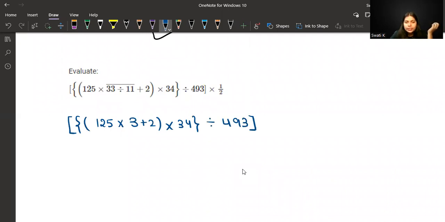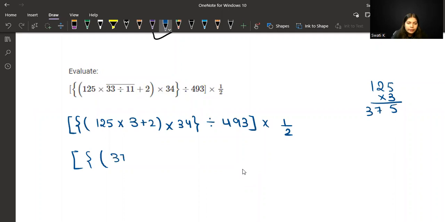Don't make any changes. Don't do any calculation here. Now, next step, we will be solving the smaller bracket, the parenthesis, which is 125 times 3. So if you simplify this, it will become 375. That is 375 plus 2. That is 377.